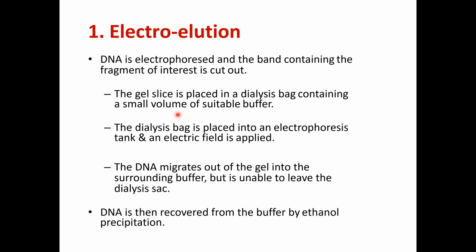This dialysis bag is then placed into the electrophoresis tank and you switch on the electric field. The DNA migrates out of the gel into the surrounding buffer, but it is unable to leave the dialysis sac. That's why we can recover our fragments.